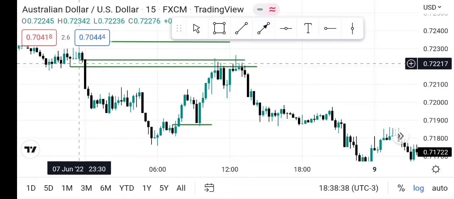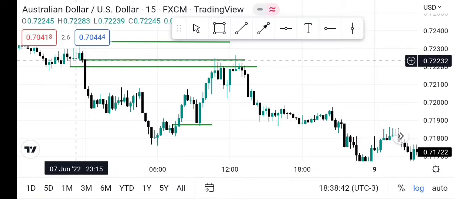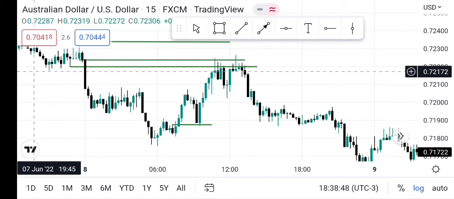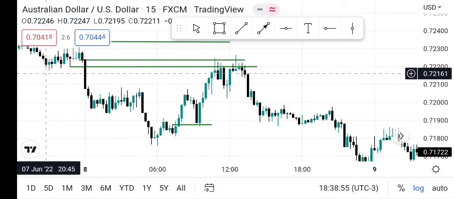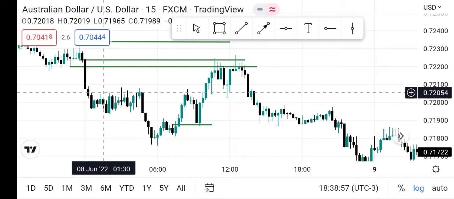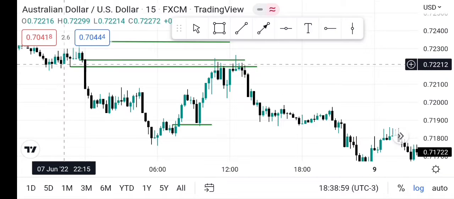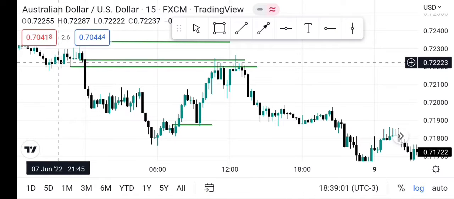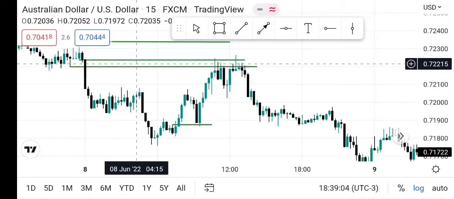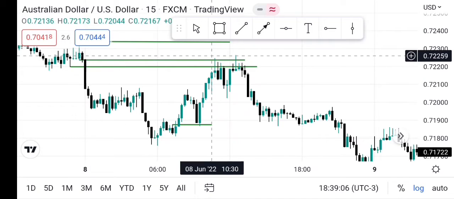Okay, now the reason why we're actually taking this one right here, the low of the bullish candle, is because price broke this structure right here. So whenever the market returns to that level, there's going to be a reaction. Okay, and this is where the reaction occurred right here.